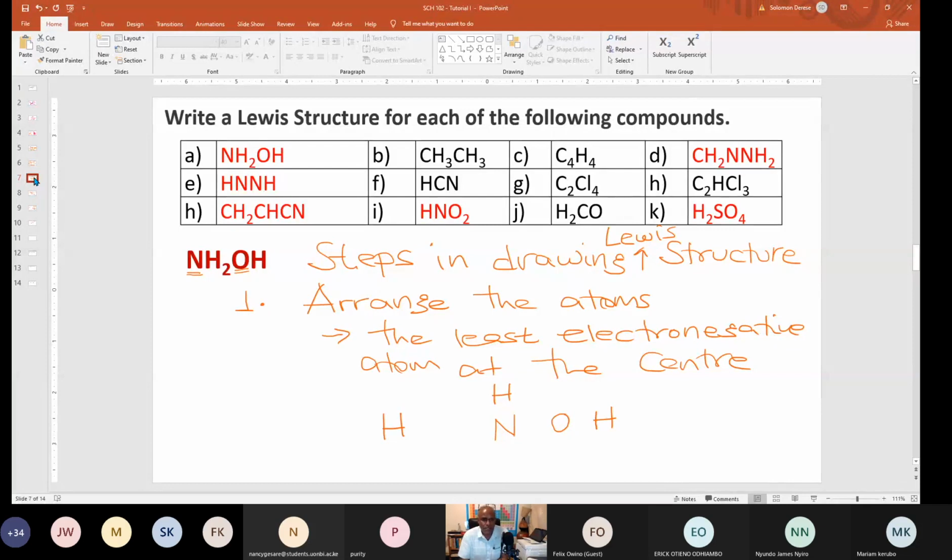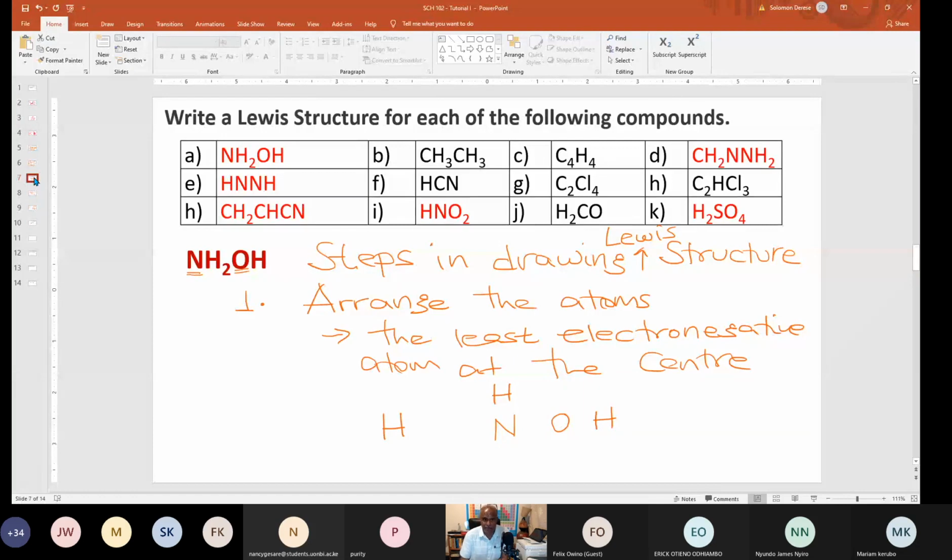So it is important that you assign them if there are any different from 0, you need to assign their charges. When you're asked to write a Lewis structure for a compound like this, if they are neutral, you can just leave it the way it is.